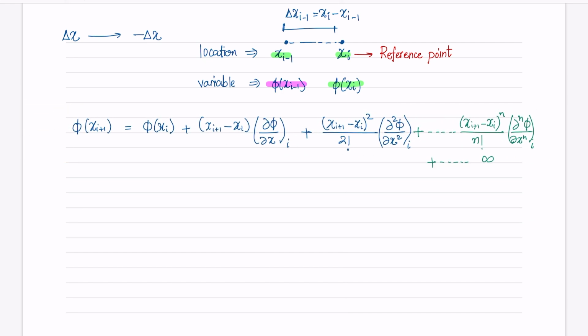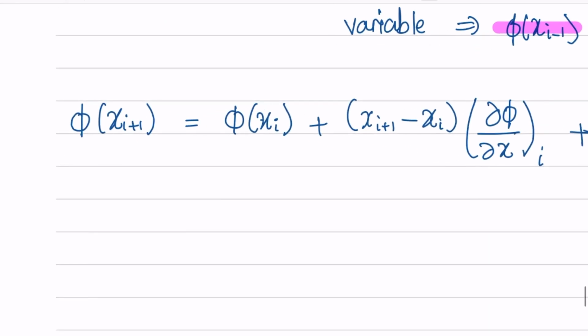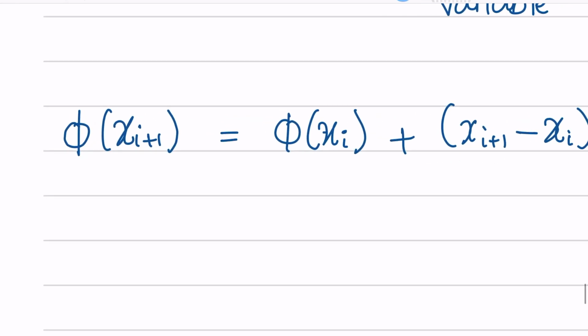Okay, let's look at it one by one. It is important to see that xi is my reference point, so this is fine. All these derivatives are fine because they are evaluated at the reference point. So what we are seeking is phi of x of i minus 1.